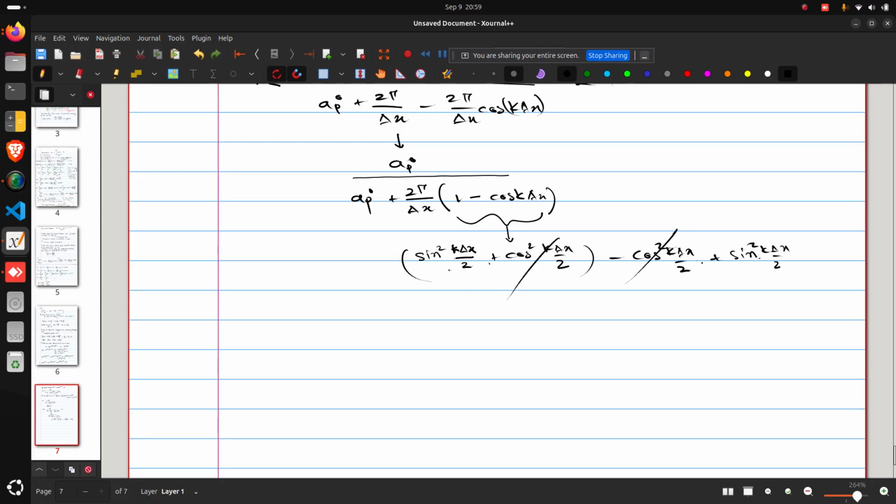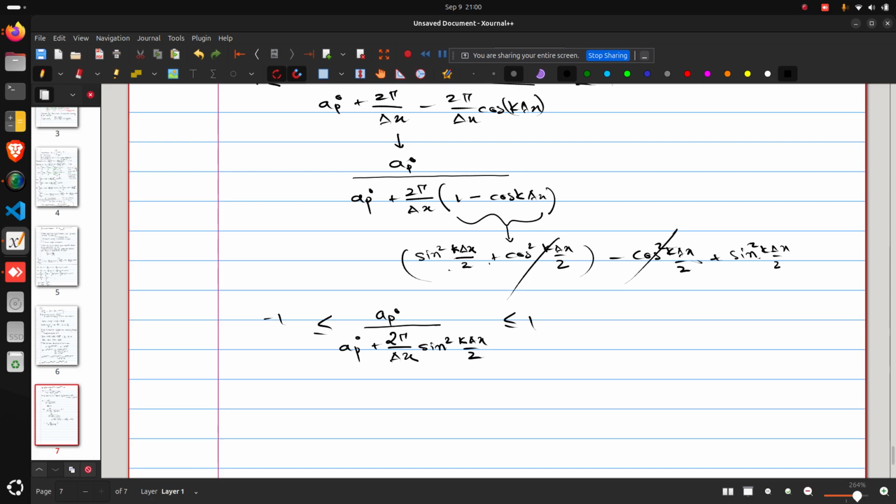So AP naught plus 2 gamma by delta x times, this will become 4, right? 2 will get multiplied here, 2 gamma by delta x sine square k delta x by 2, and minus 1. Okay.